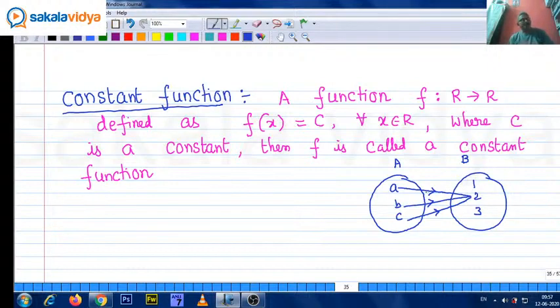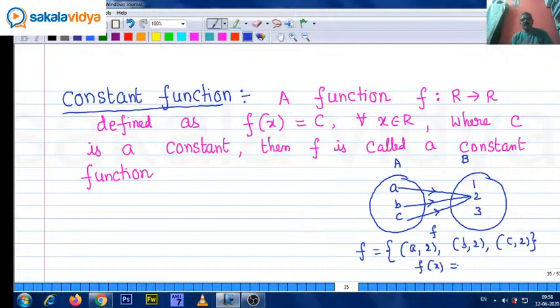If the range of a function is a singleton set, that is always a constant function. For example, here you can write f is equal to (a, 2), (b, 2), and (c, 2). Or clearly we can say that f of x equals 2 for every x belonging to A. So this is called a constant function.